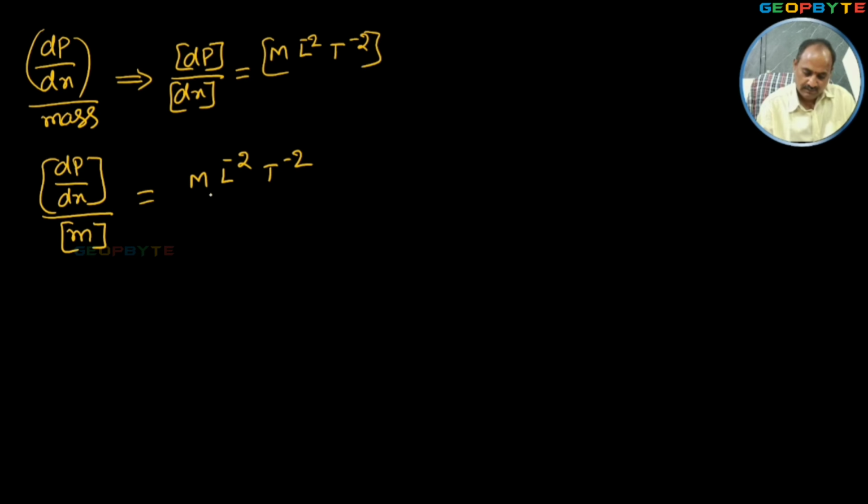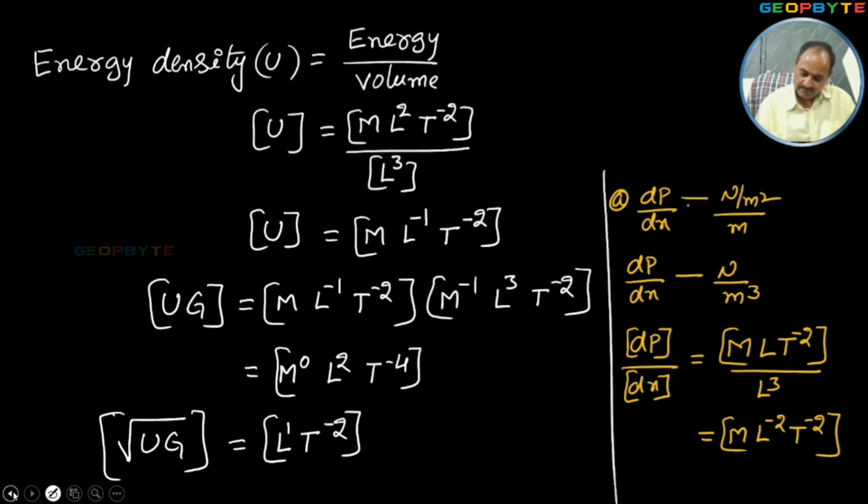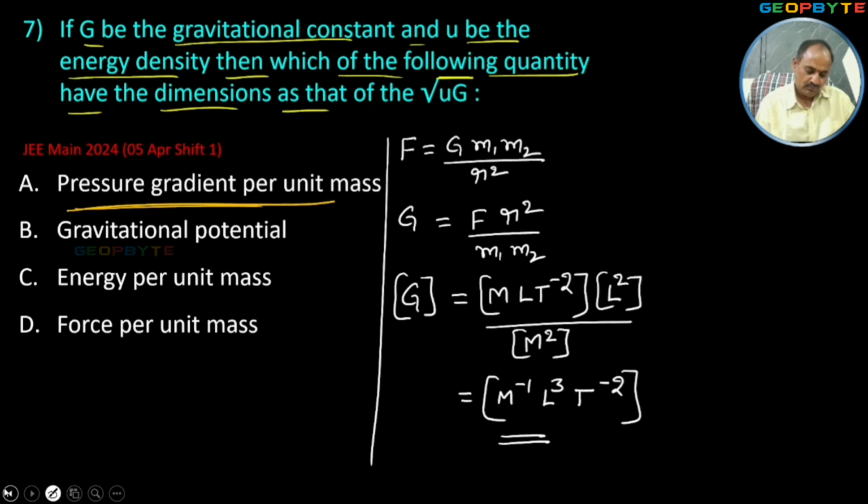Correct. Simplify this part. So it is L power minus 2 T power minus 2. So this is the pressure gradient per unit mass dimensional formula. Is it same? No, it is L power 1 T power minus 2. Therefore, option A is not correct.